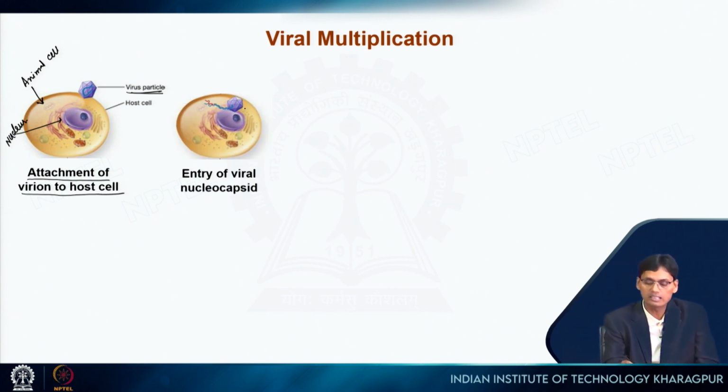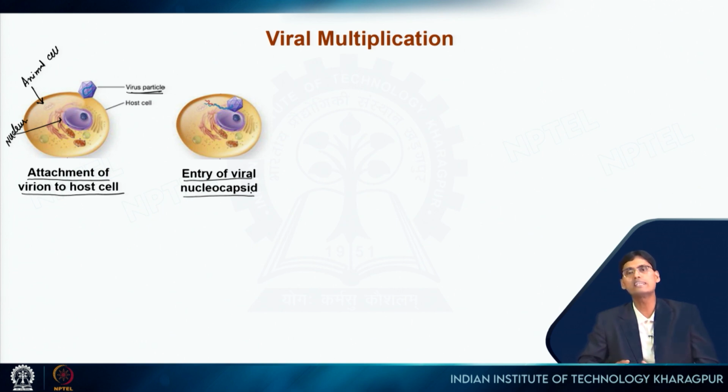Now in the next step, the virus particle will be inside the host cell. So this is entry of the viral nucleocapsid. The process is different for different viruses. Sometimes endocytosis may happen, and that's why the virus particle goes inside the host cell. In case of bacteriophage, the protein coat does not go inside the host cell.